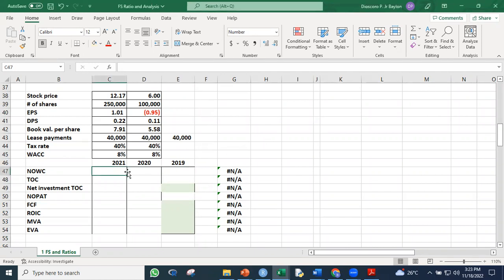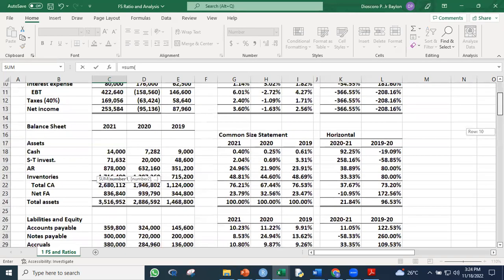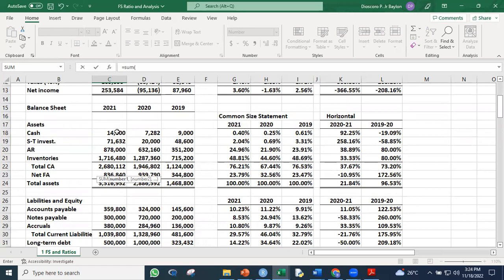So let's see. You're correct in the formula, but we discussed this already: the sum of your operating current assets minus the operating current liabilities. So let's sum. Ano ba yung operating current assets natin? Cash, excluding STI, and then AR, inventories. So that's our net operating working capital.